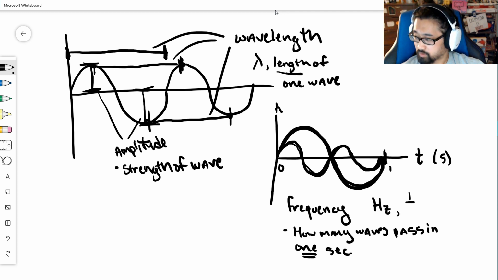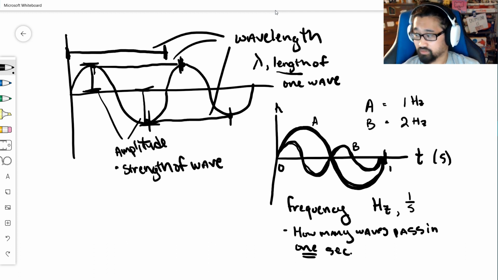It could also be measured in 1/seconds. It's very rare that you'll see 1/seconds, but if you see something in 1/seconds, that's a frequency. They're telling you how many times that wave went by. If I call this wave A and this wave B, wave A has a frequency of 1 hertz. Wave B has a frequency of 2 hertz.